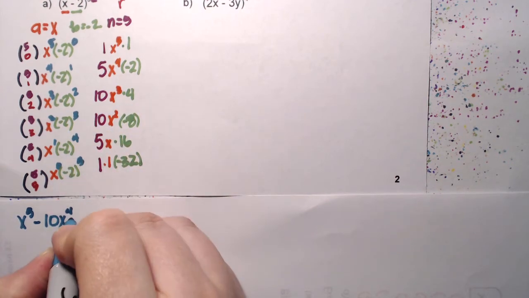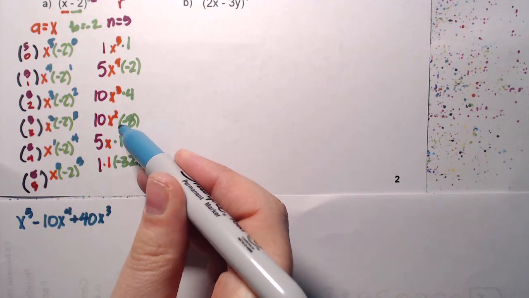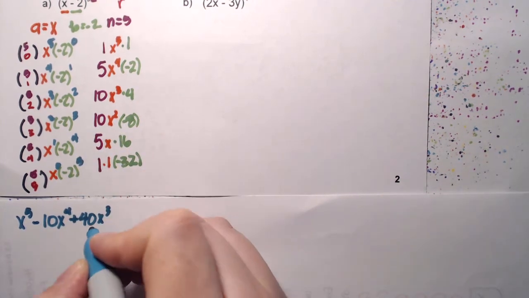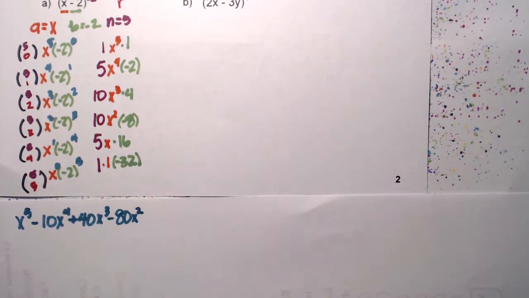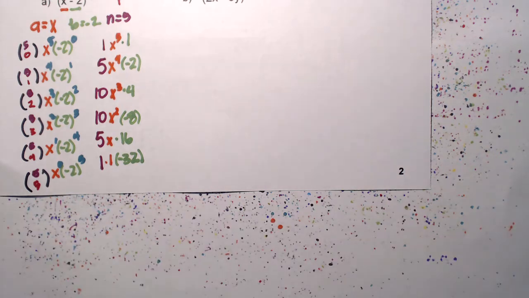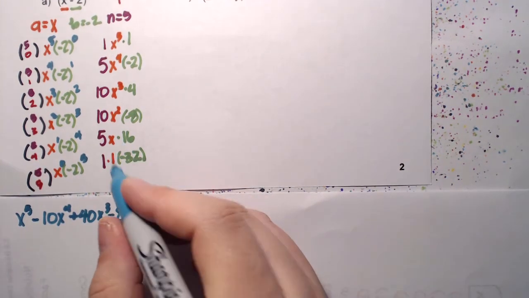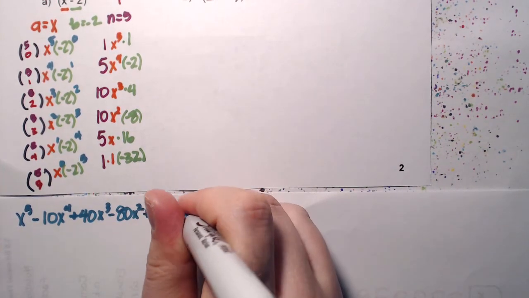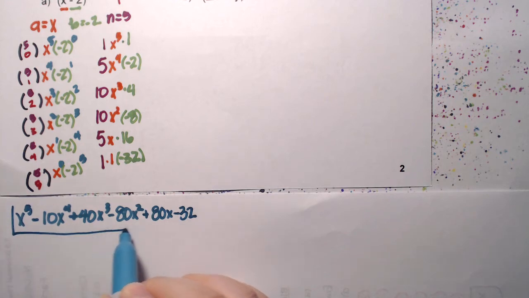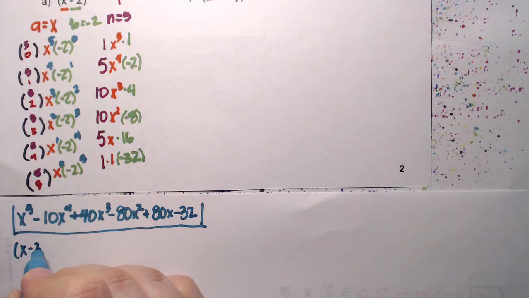And then 4 times 10 is a positive 40x cubed. And then -8 times 10 is -80x squared. And then 5 times 16, what is 5 times 16? 80. So then I have a positive 80x, and then 1 times -32. So that is expanded.